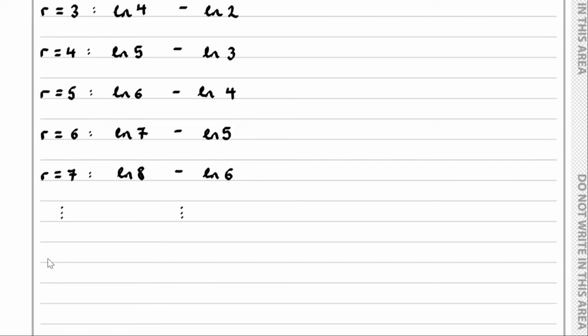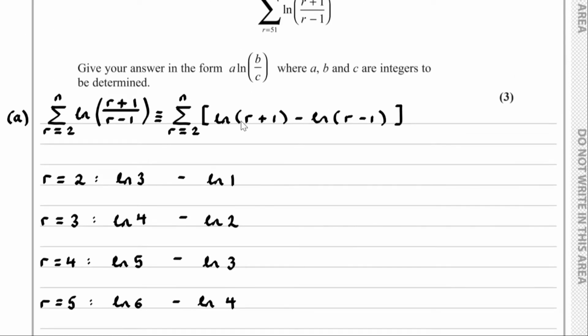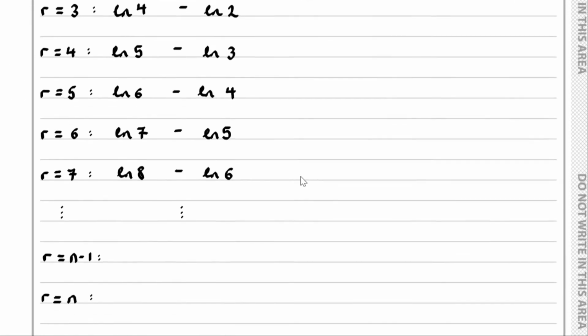But now what we want is the final two terms in terms of n. So we want the n minus 1th and the nth terms. So when r equals n minus 1, we've got the natural log of n minus 1 plus 1. So that's the natural log of n.